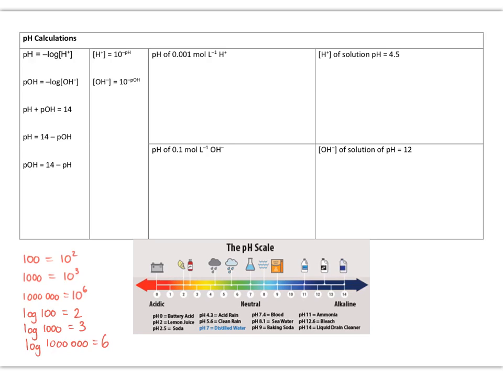So to calculate pH, we need to know minus log of the hydrogen ion concentration. Work it out with a calculator.